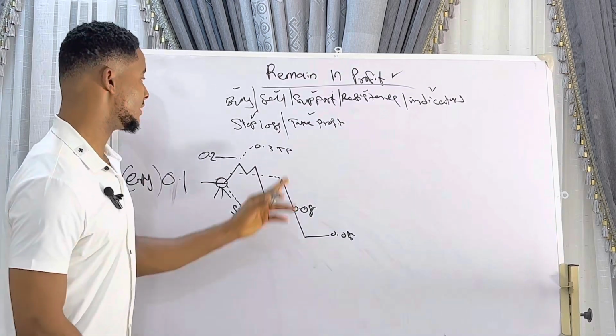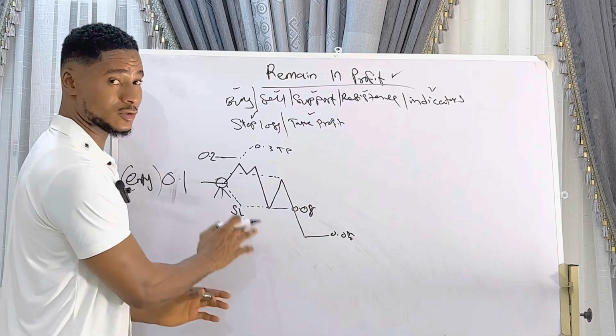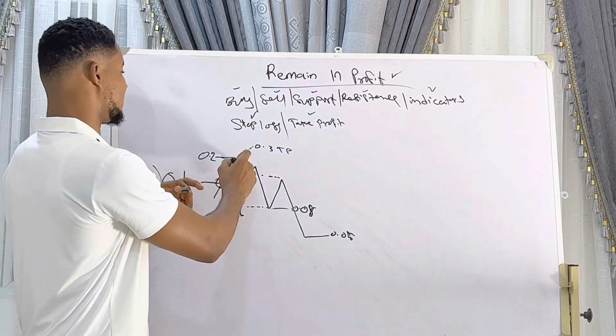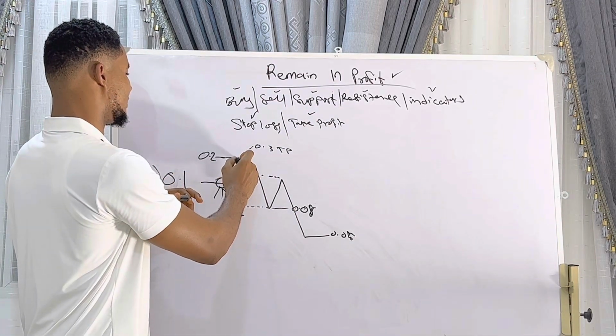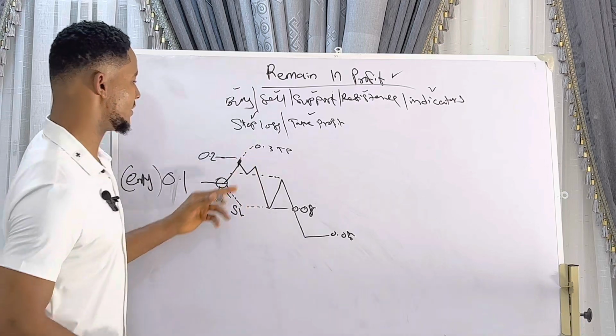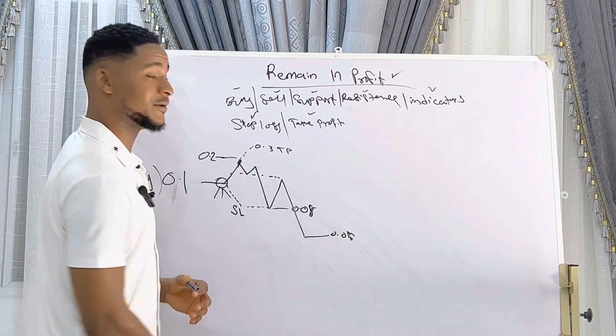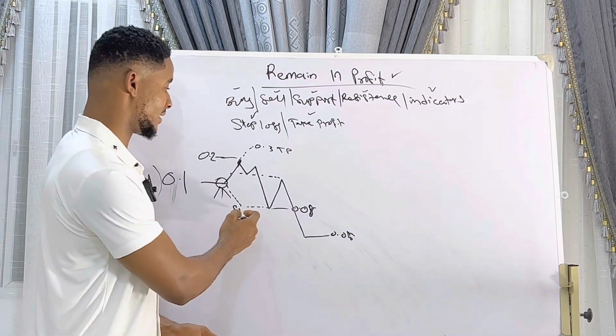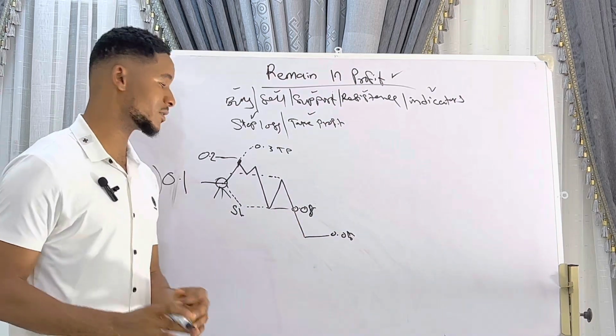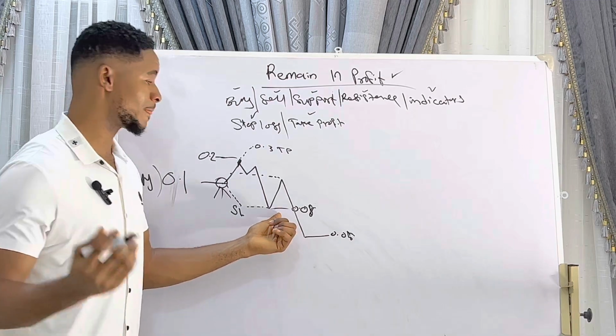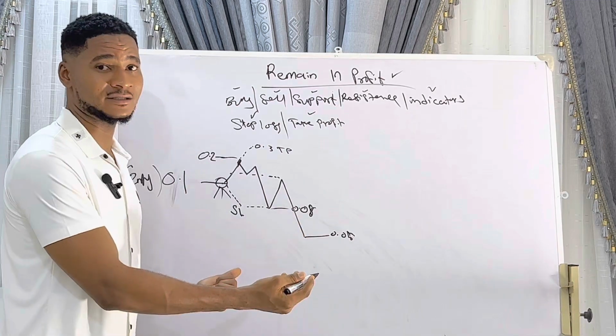Follow me carefully. This is your take profit and this is your stop loss. Now we went as high as this and fell very low, which means it might have hit your stop loss and you're in loss. Now you can actually avoid this.